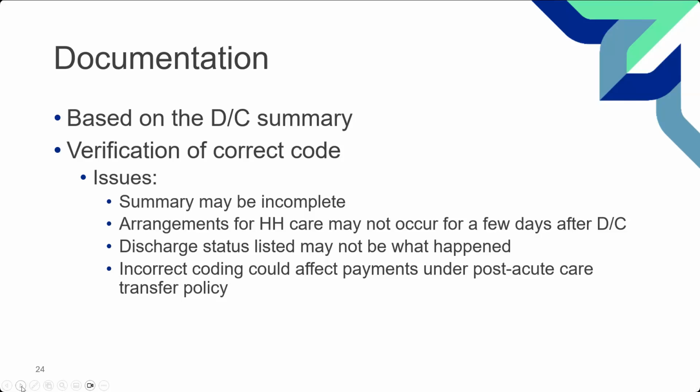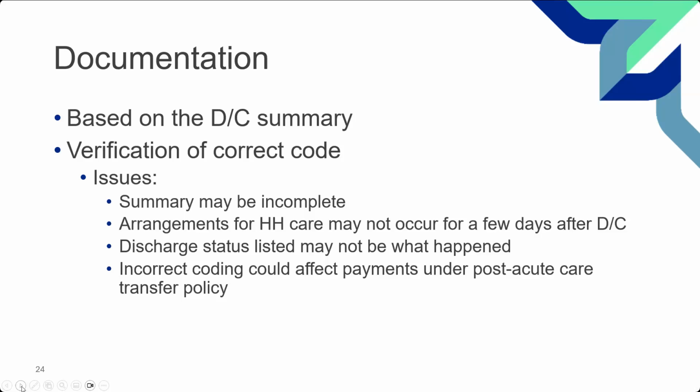Now, we understand that verification can sometimes be difficult because the summaries may be incomplete or something unexpected happened with your patient. Examples like those included are here on your slide, just a list of them to name a few.